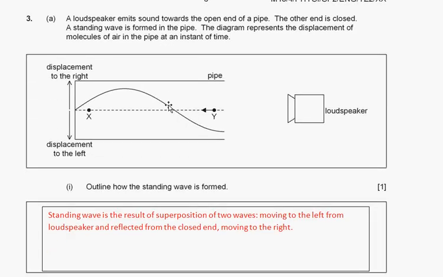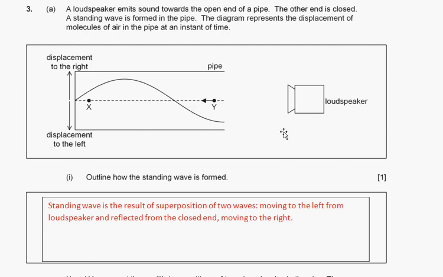Question 3. A loudspeaker emits sound towards the open end of a pipe. The other end is closed. A standing wave is formed in the pipe. The diagram represents the displacement of molecules of air in the pipe at an instant of time. Outline how the standing wave is formed.